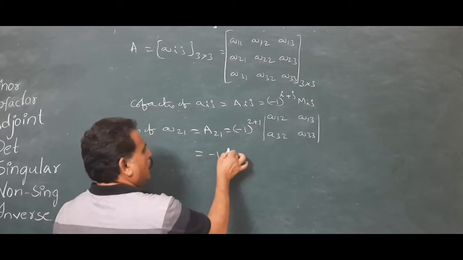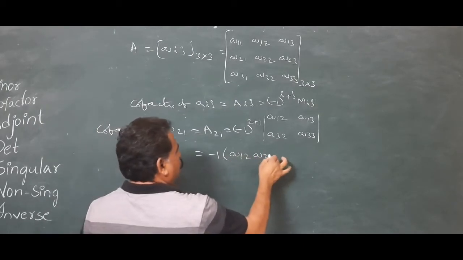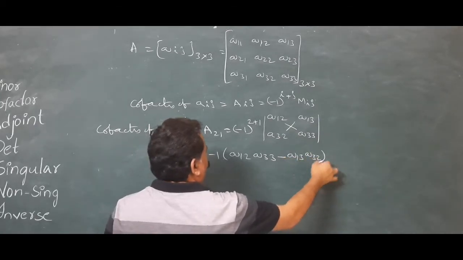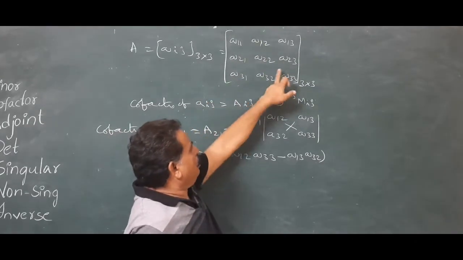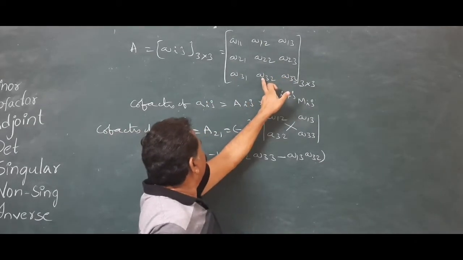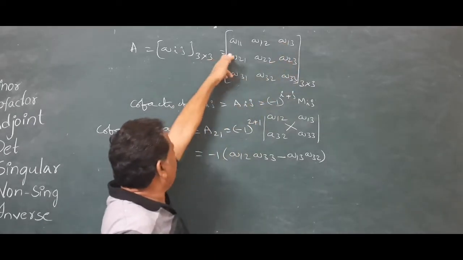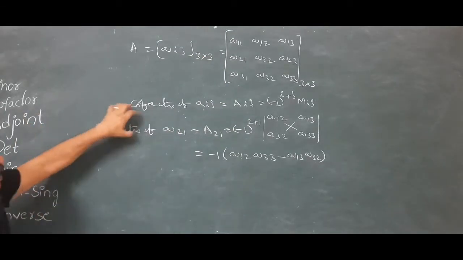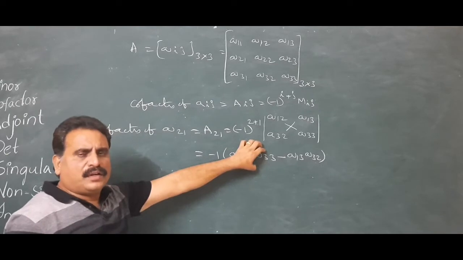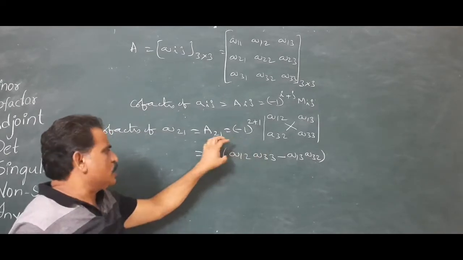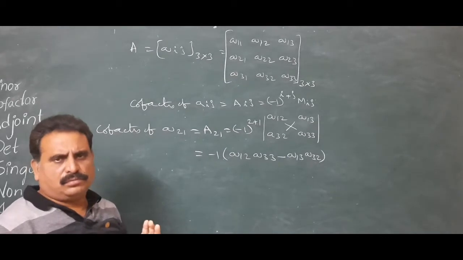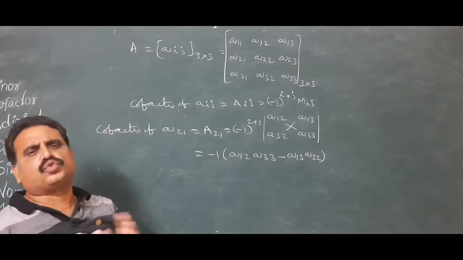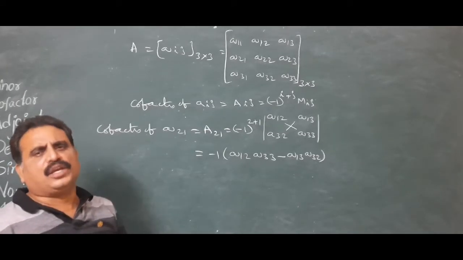So we get minus 1 into (A12 A33 minus A13 A32), that is, A12 A33 minus A32 A13, after eliminating second row and first column. Converting the minor to the cofactor is just a sign change. Cofactor is sometimes equal to the minor, sometimes with a sign change; numerically they are equal.